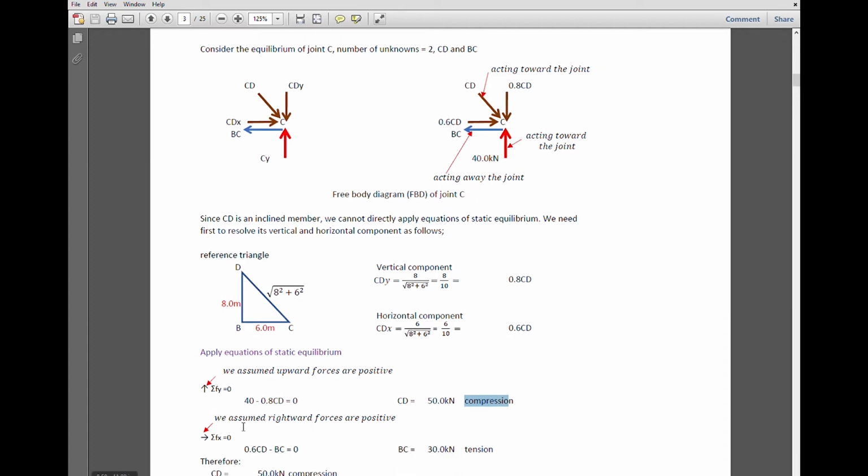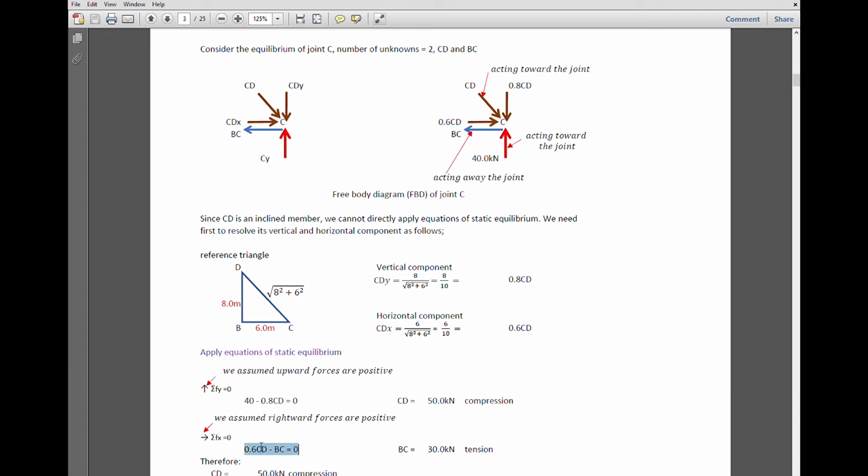Okay, so next, we apply summation forces along horizontal equal to 0. So, BC is acting to the left, the direction is to the left. We assume that rightward forces are positive. So, since BC is a leftward force, that is negative, and the rightward force, that is 0.6 of CD, that is positive.